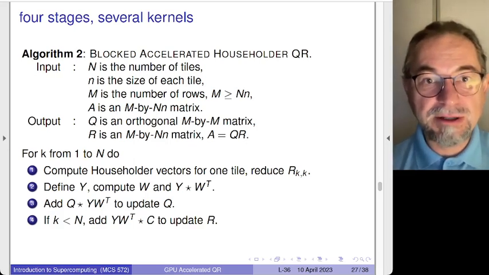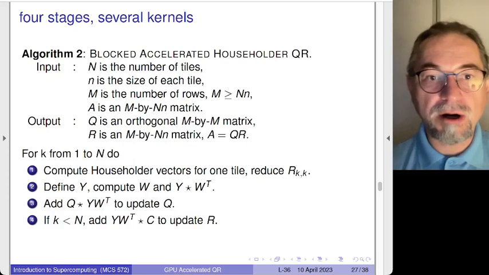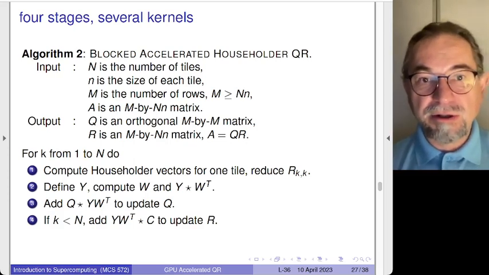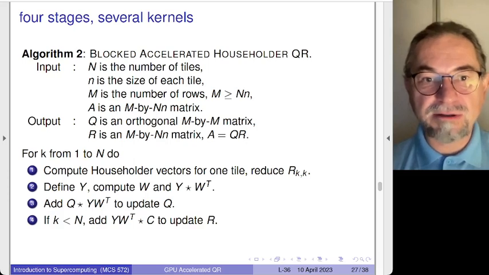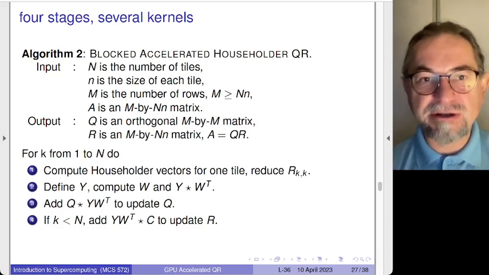So here is the definition of the parameters in the blocked accelerated householder QR. We are looking at a matrix that is tiled. So the matrix is m by n times m. So there is a little n, which is the size of a tile.